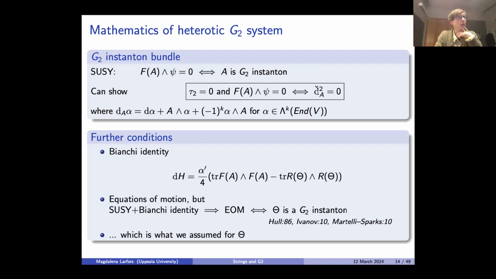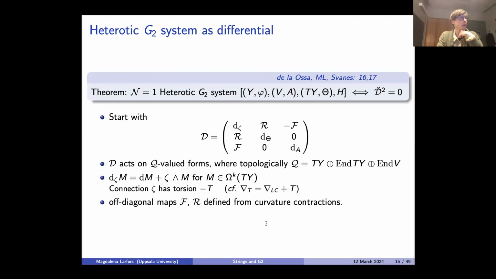So far I've managed to write down some differential operator whose nilpotency condition corresponds to some of the supersymmetry constraints, and the Bianchi identity is left out. So this is the thing that we want to get next.